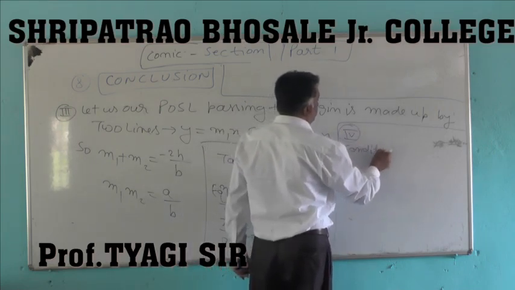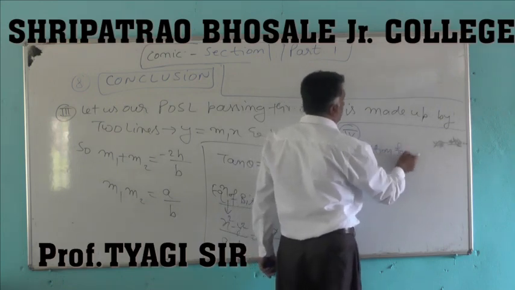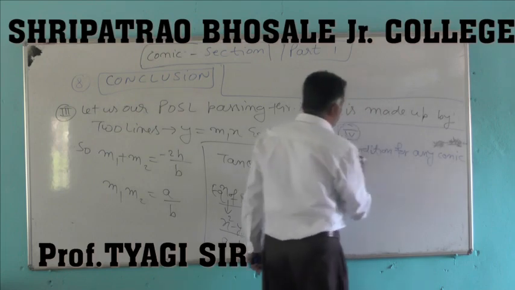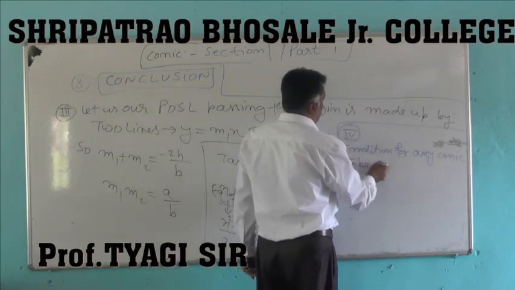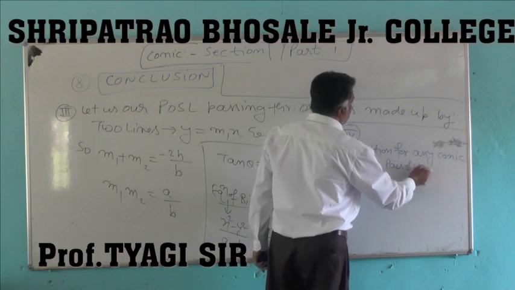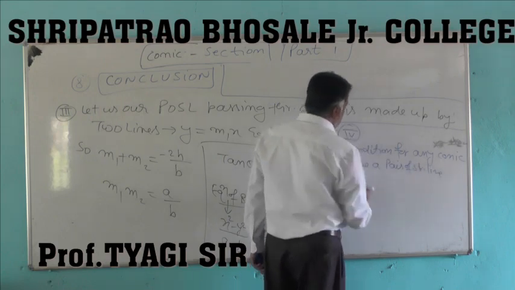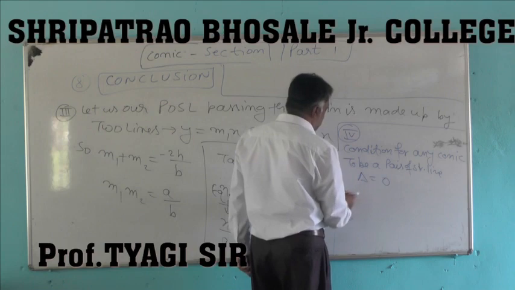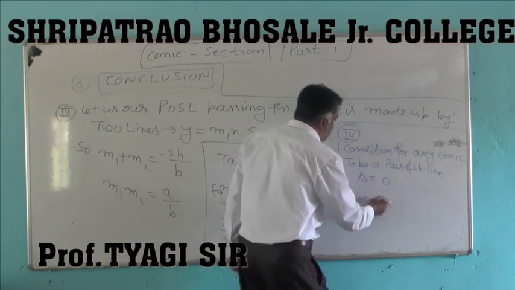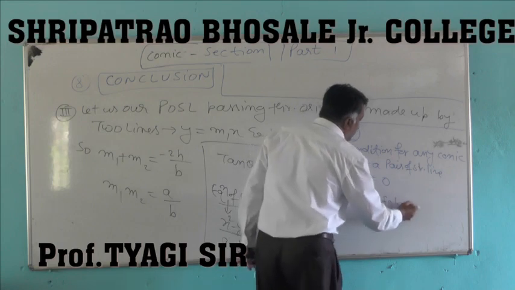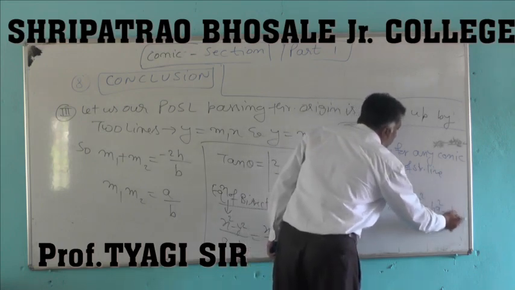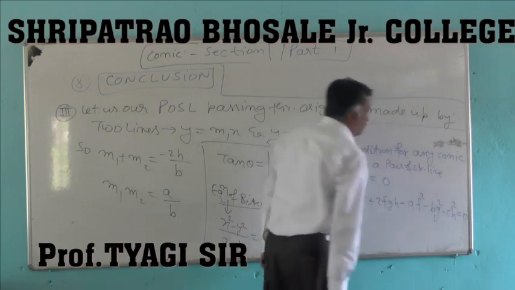Condition 4: for any conic to be a pair of straight lines, what is this? That is delta equal to 0. It means ABC plus 2FGH minus AF square minus BG square minus CH square equal to 0.